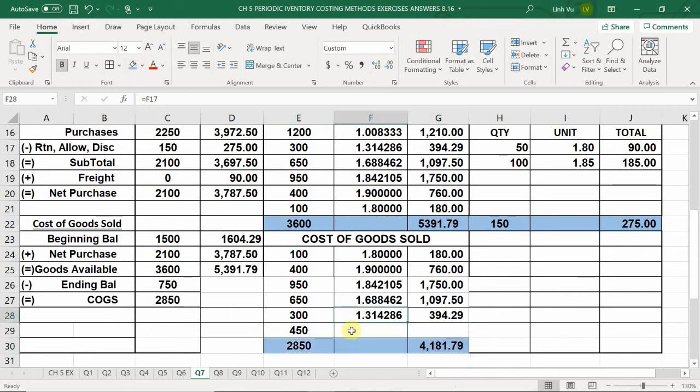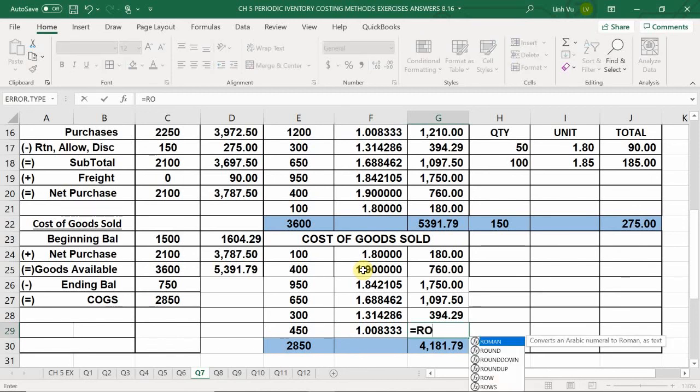Okay. So in this case, there's only one batch of inventory left, right? It's just our 1,200 left, which we know each item is going to cost me $1 and 0.8333 cents. So in this case, let's go ahead and do our equal round formula once again. 450 times the $1.83333, comma, 2 decimal places.